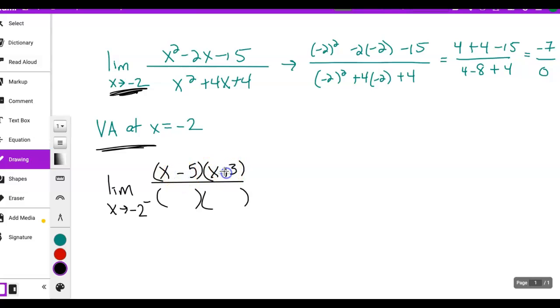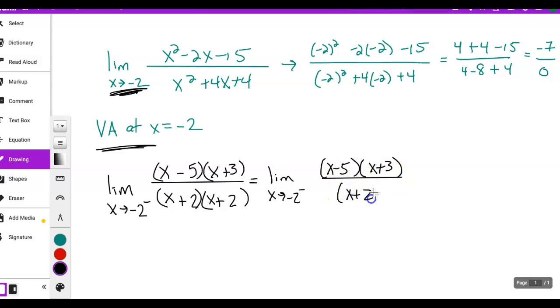We have minus plus. And then on the bottom, we have 2 and 2, and they're plus plus. So to be honest, I would probably write the bottom as that squared, right? So let's see, x minus 5 times x plus 3 over x plus 2 squared.